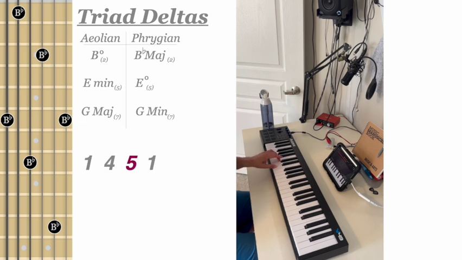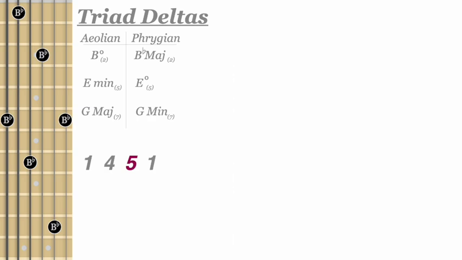One more time. All right, that was a lot of minor in there. That's a lot of darkness. So you should definitely get that 1 4 5 feel, and Phrygian has a little bit of darkness to it. Okay, so we definitely heard some minor darkness in there.